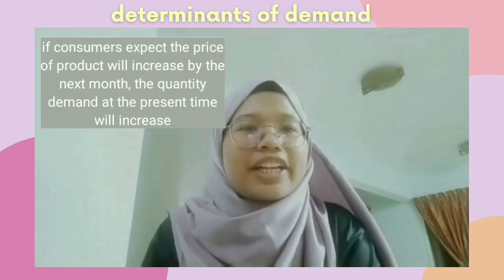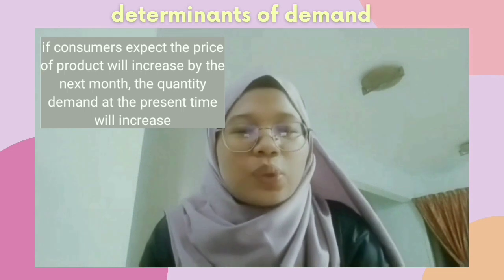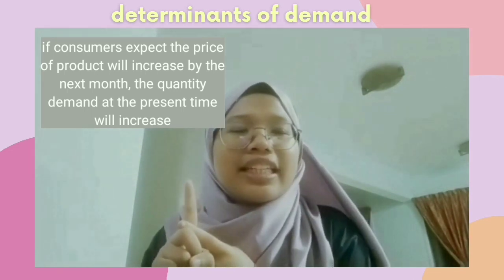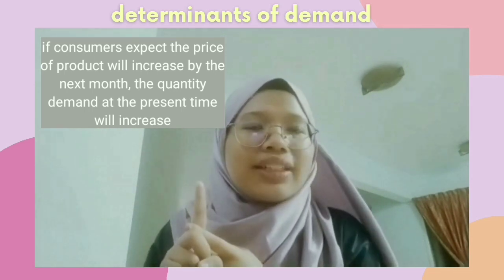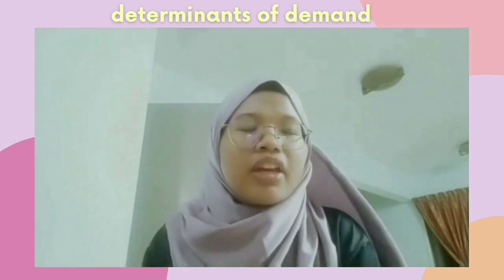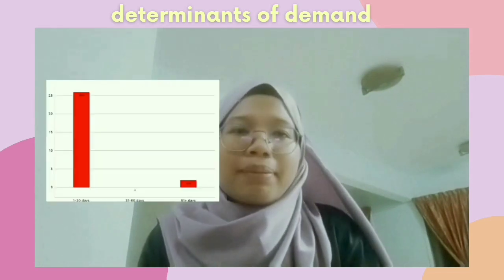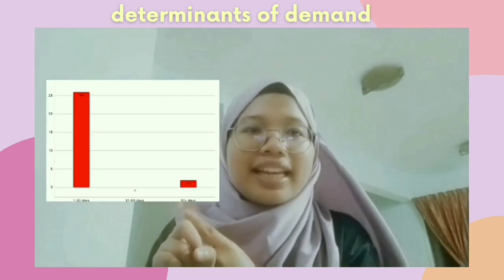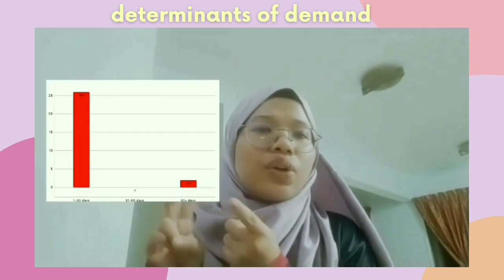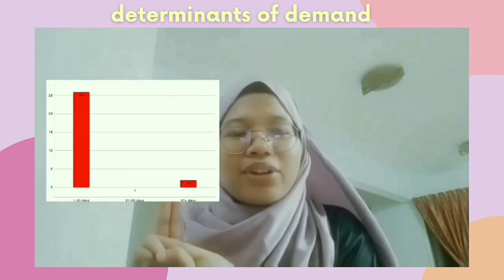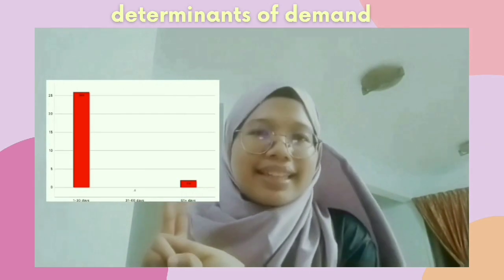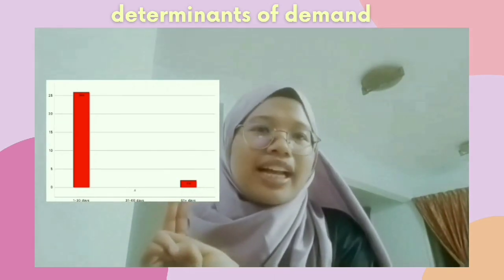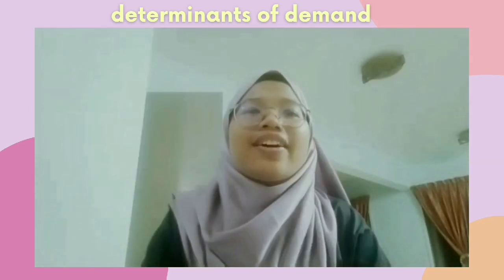When consumers expect the price of a product to increase next month, the quantity demanded for the product will increase at the present time. For example, if the price of smartphones is expected to rise next month, the quantity demanded for smartphones will increase now because consumers can anticipate what will happen in the future.